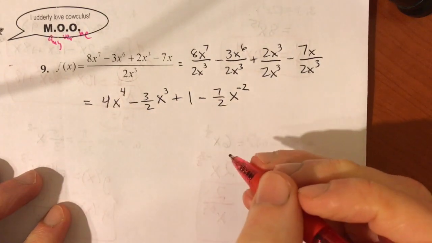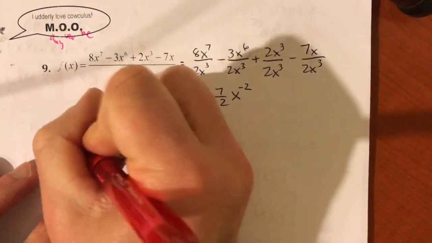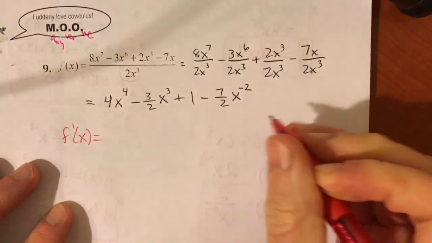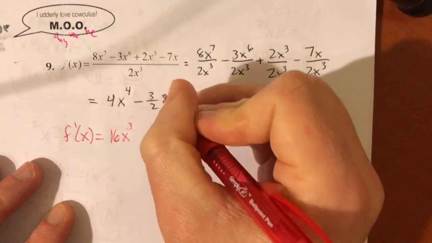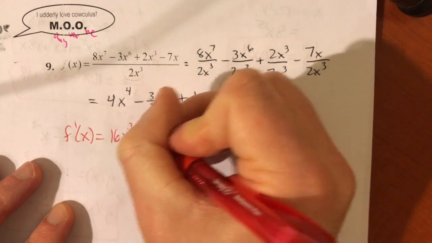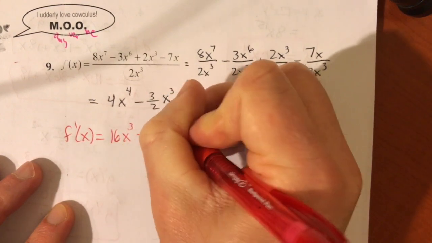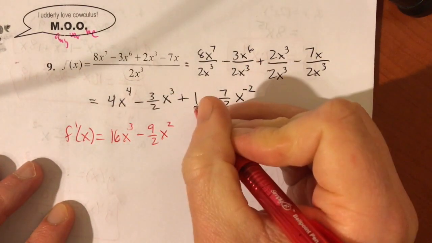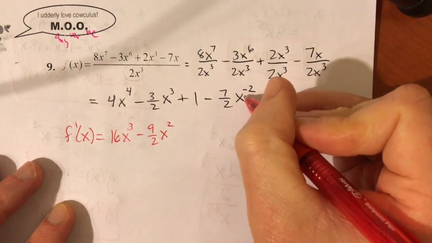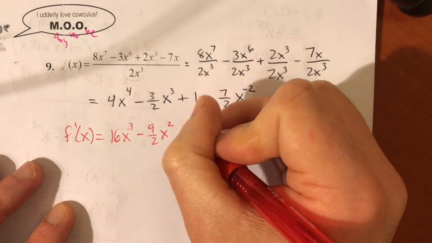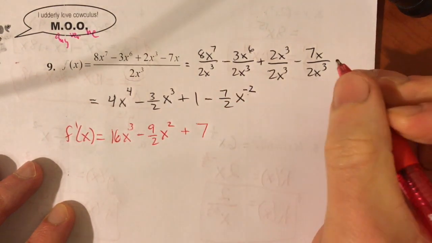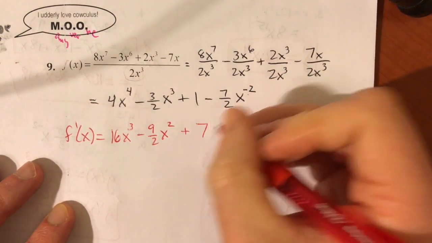That's still just f, though. And now f prime of x equals 16 x to the 3rd. 3 times negative 3 halves is negative 9 halves x squared. The derivative of a constant, 0. And negative 2 times negative 7 halves is positive 7, right? 14 halves is 7.